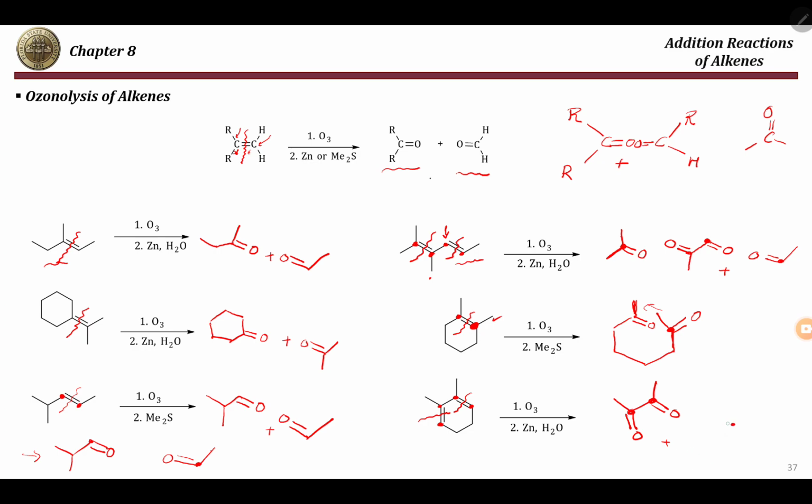So starting from this point, I have a double bond O. Then I will just continue the structure, and at this point here, I have another double bond O. So basically, it's just cleaving the double bond and adding oxygens on both sides. And this is how we draw the structure of the products of an ozonolysis reaction.